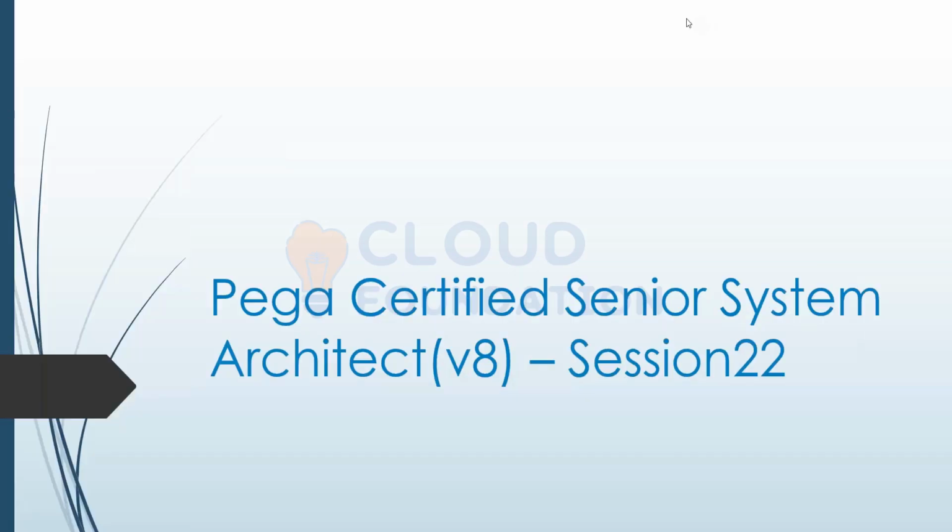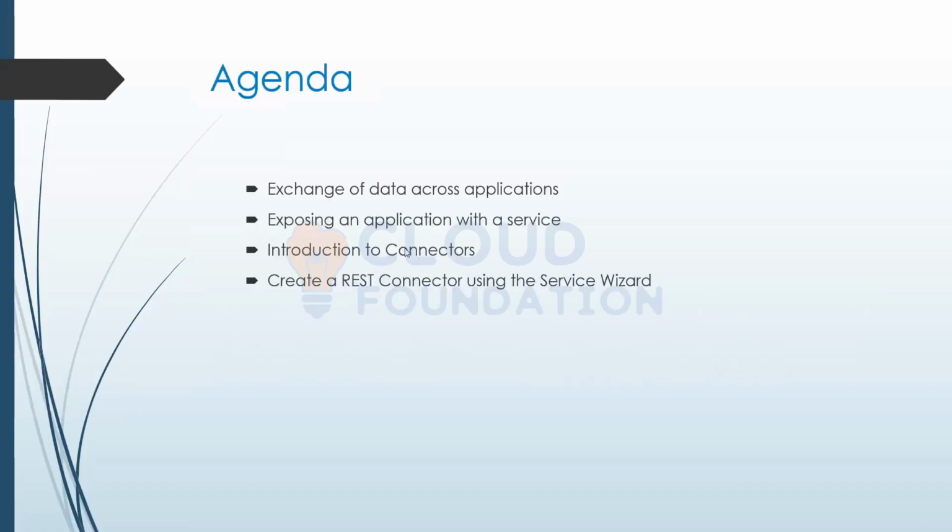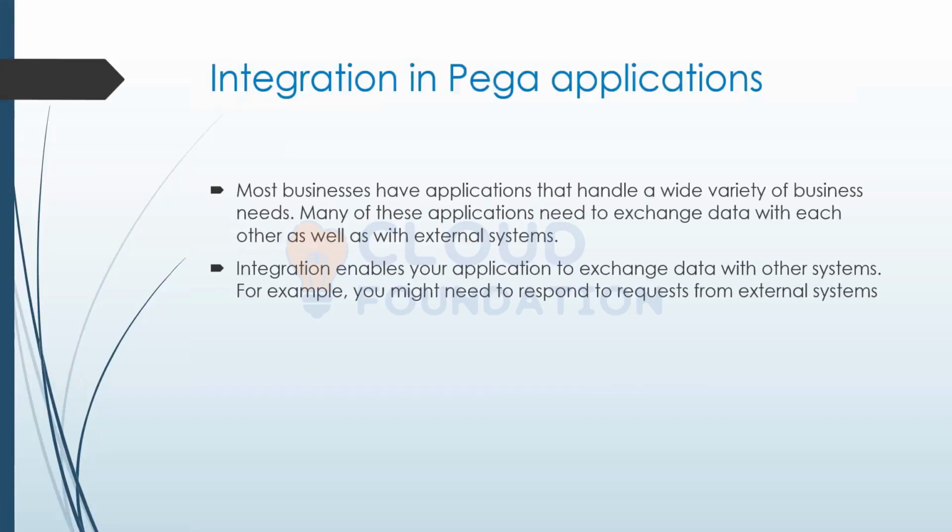Today, we will be talking about one of the important topics, which is relating to integrations. Just like any other platform, Pega also supports exchange with other applications. When I build an application, I cannot be sure that the entire data lies only in that application.